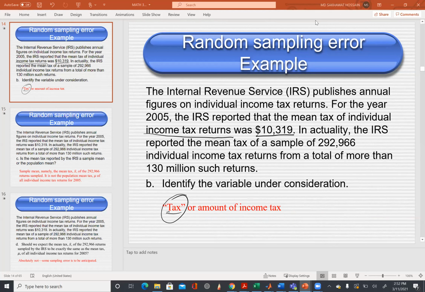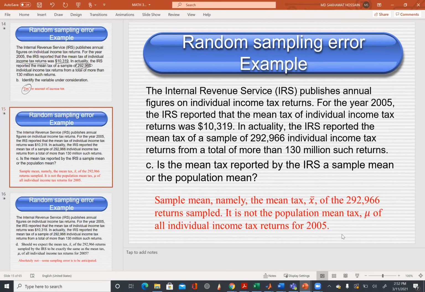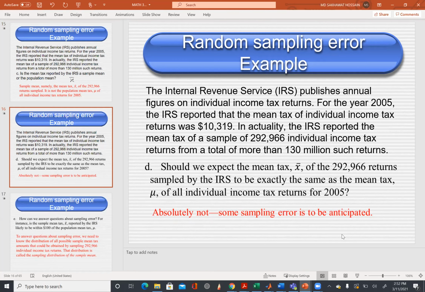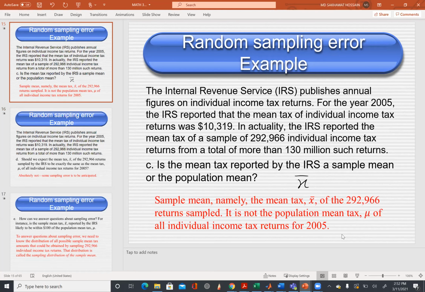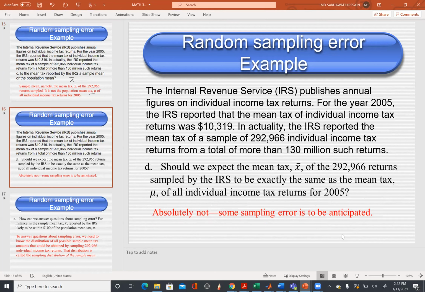Because this is the average for only this number of individuals in the sample, not for the total population. So this is the sample mean, and the sample mean is denoted by X bar. And the population mean is denoted by mu. So this is not mu, this is actually X bar.